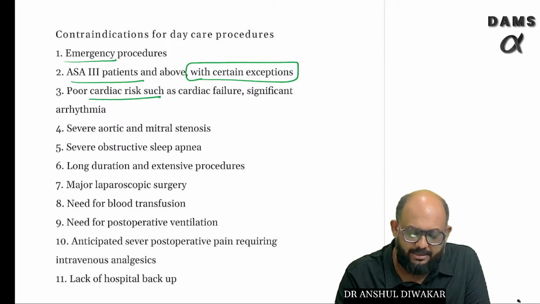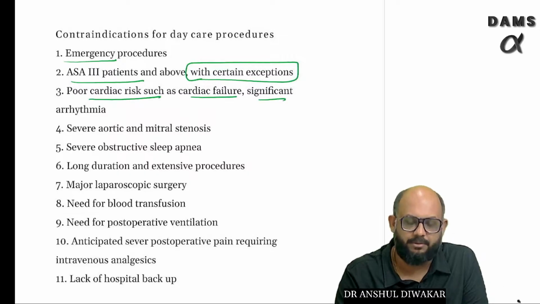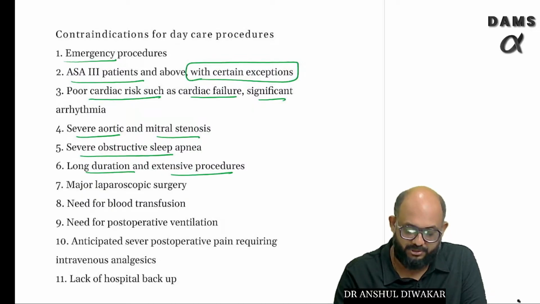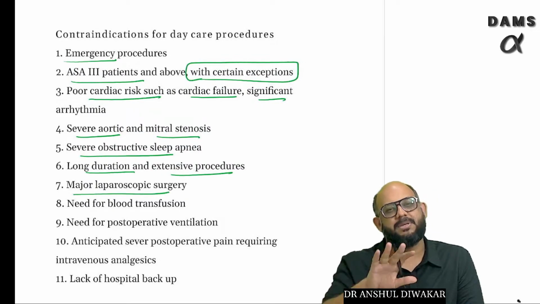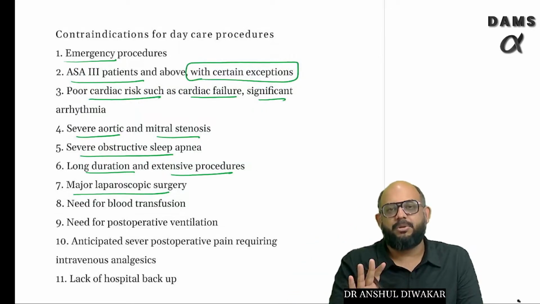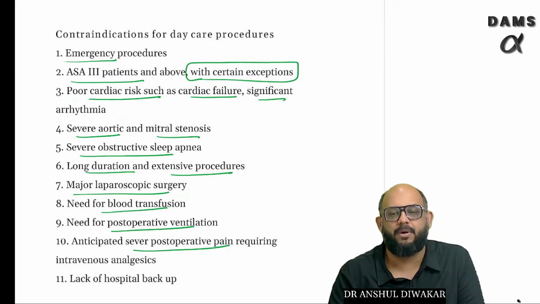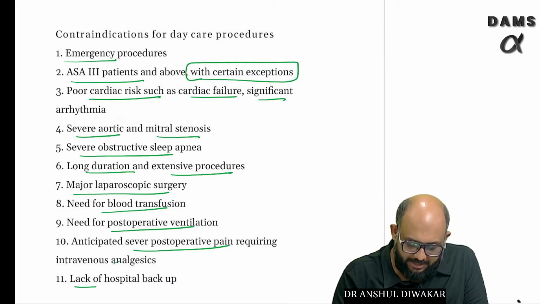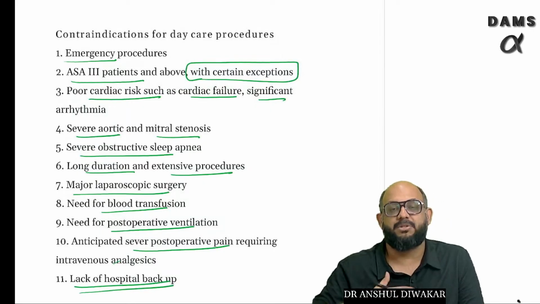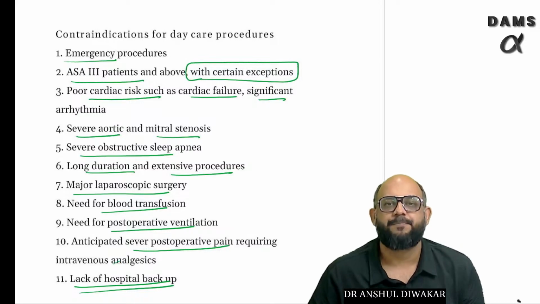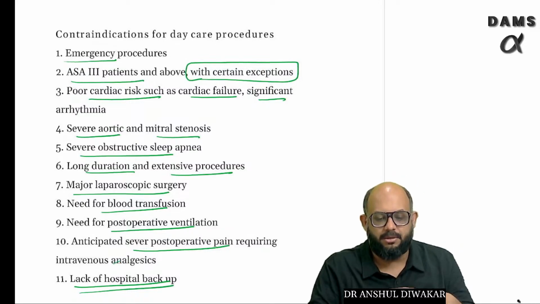Then poor cardiac risk such as failure, significant arrhythmia, severe aortic and mitral stenosis, obstructive sleep apnea, long duration extensive procedures, major laparoscopic surgery, again a gray area. Lap chole is considered a minor laparoscopic surgery. Need for transfusion, postoperative ventilation, severe postoperative pain requiring intravenous analgesia, and lack of hospital backup, that means too far. And there is one more criterion which I just showed, that is not having a responsible adult to accompany.